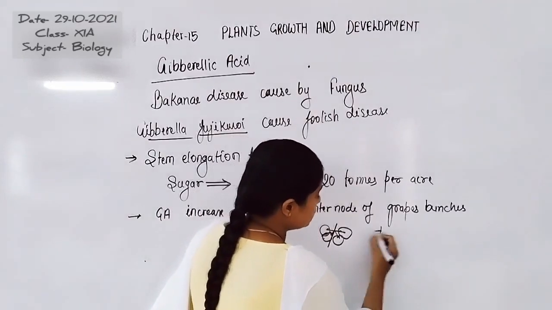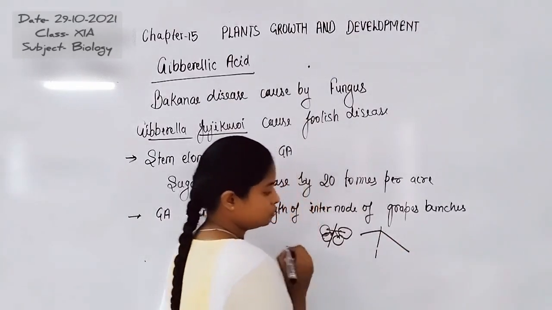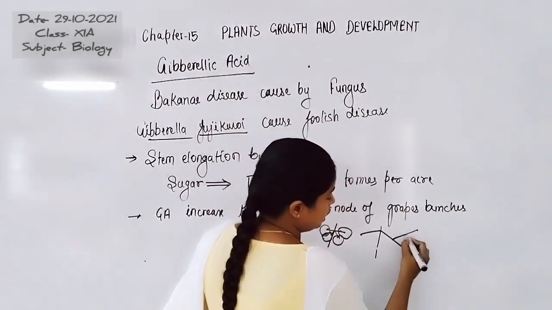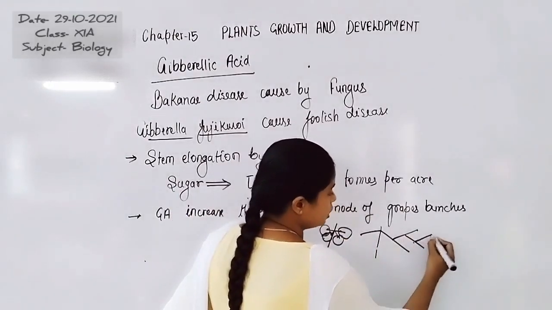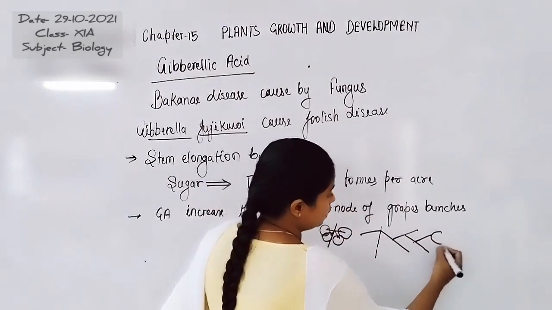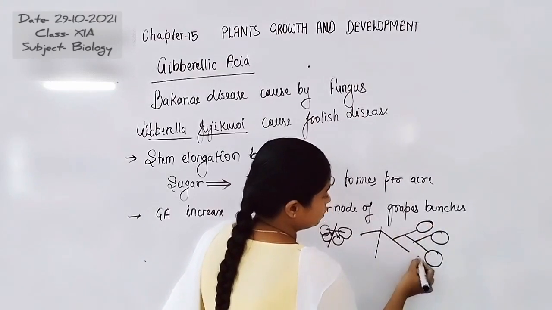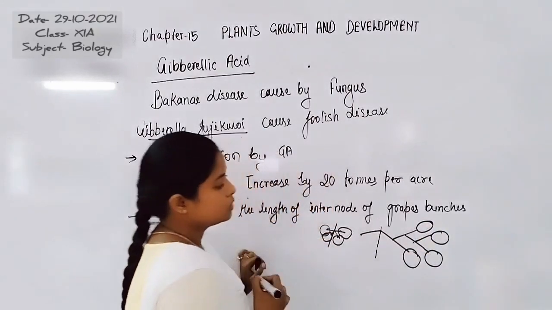So after the spraying of gibberellic acid, the stem elongation is done, and due to the stem elongation, the size of grapes also increases.